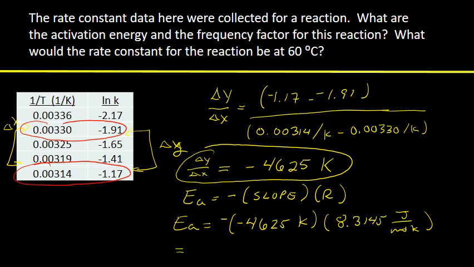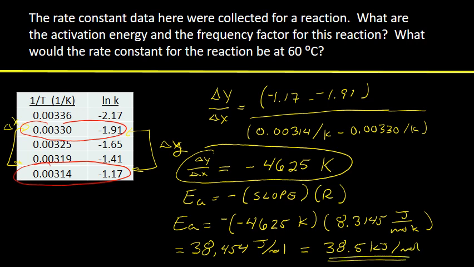And when I did that, I got 38,454 joules per mole, or 38.5 kilojoules per mole. All right. So slightly different, a little bit of difference in rounding in those two, as to be expected, but approximately the same value in both cases.